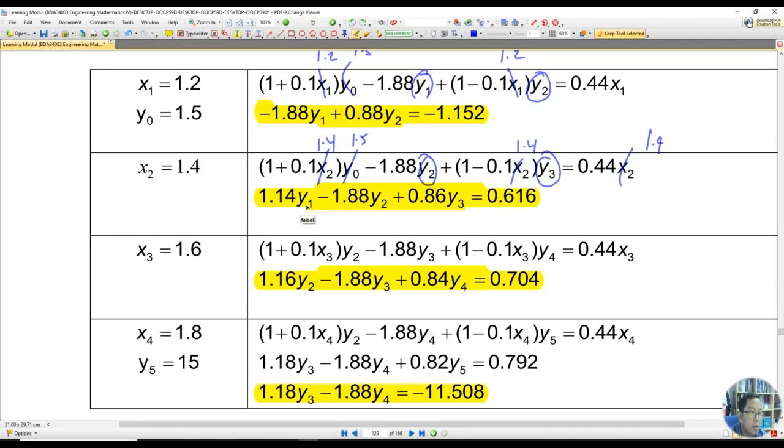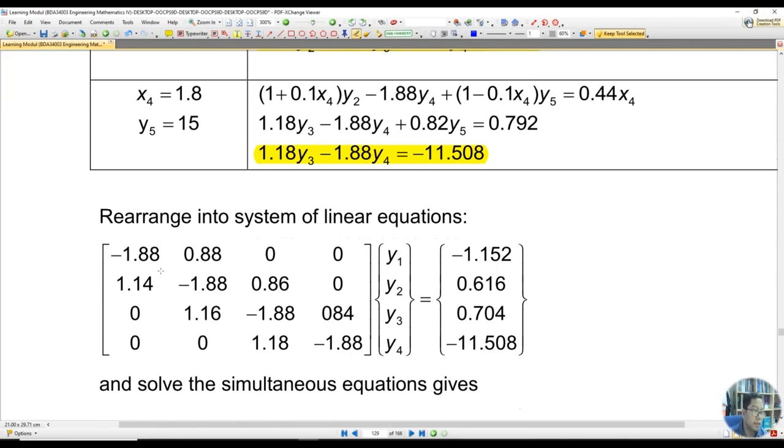In this element, we have y1, y2 and y3, but we don't know y4. And from this, we only know y2, y3 and y4, and this one y3 and y4 only. So all these elements we combine into that matrix.